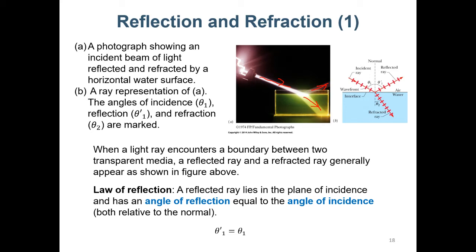So a ray representing A. The angle of incident is theta. So this is theta 1, this is theta 1 prime, and the refraction angle theta 2.